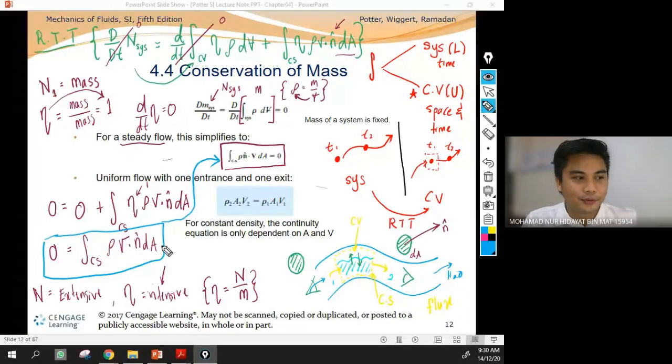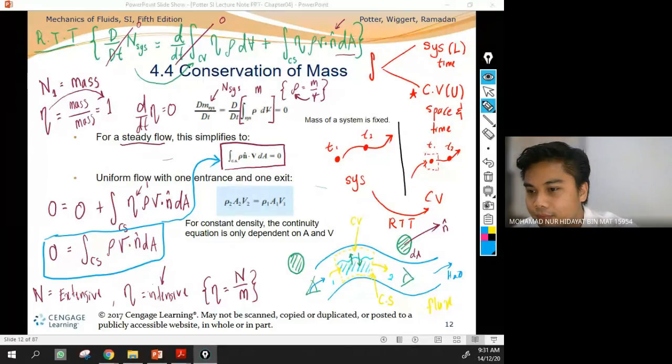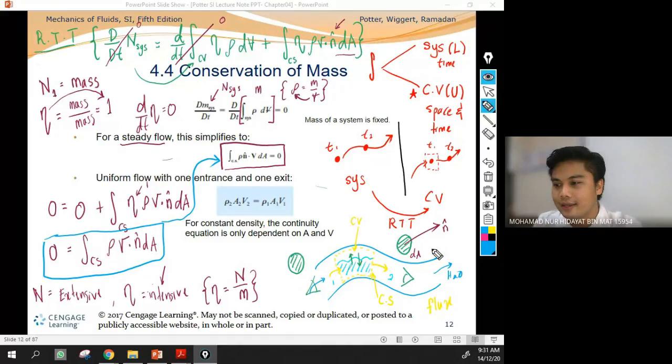You get how to get the conservation of mass using RTT. All right. Do you have any questions so far? Anyone? Okay. So far, okay.